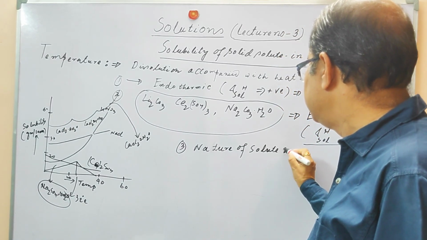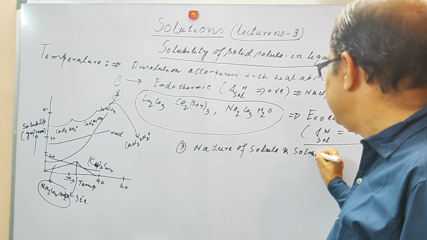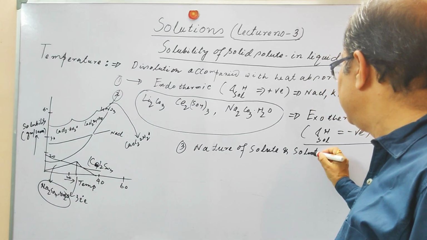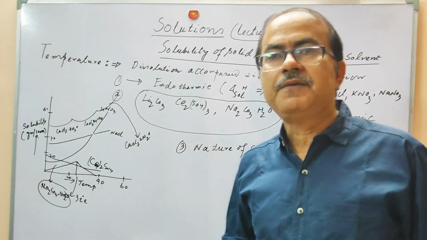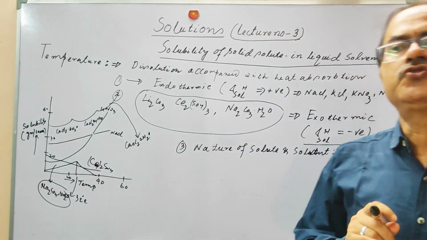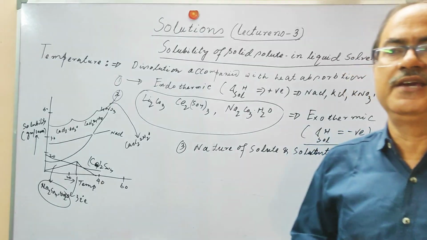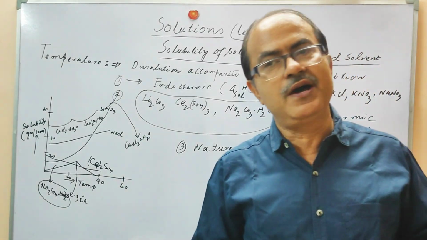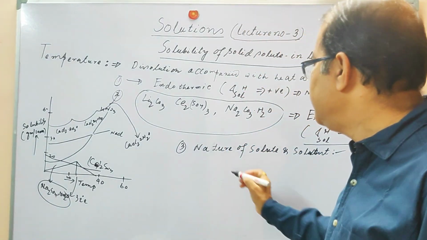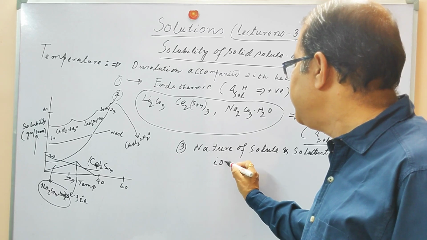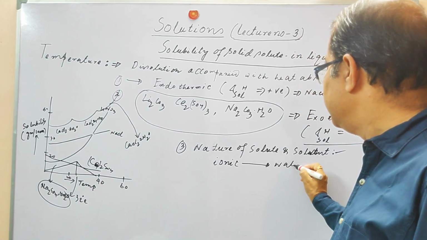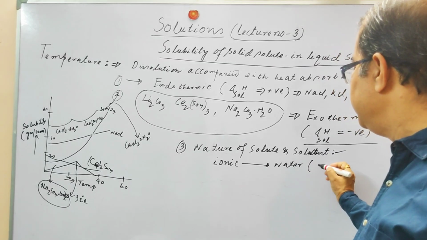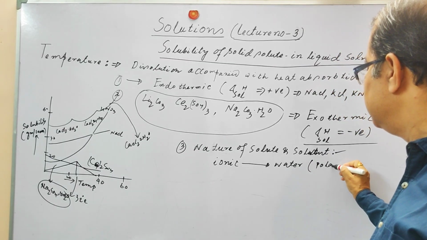Why is it like that? Suppose we have ionic solids like NaCl, KCl, KNO3, NaNO3. All are ionic solids, and these ionic solids will readily dissolve in water because it is a polar solvent.